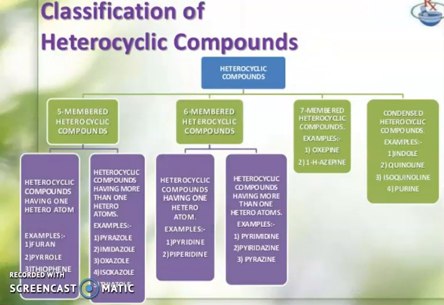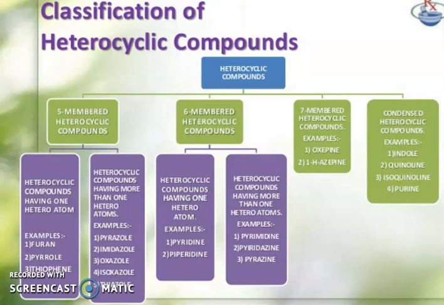Now friends, you can see here the classification of heterocyclic compounds. Heterocyclic compounds can be classified as 5-membered, 6-membered, 7-membered, and condensed heterocyclic compounds. Compounds having one heteroatom include furan, pyrrole and thiophene.